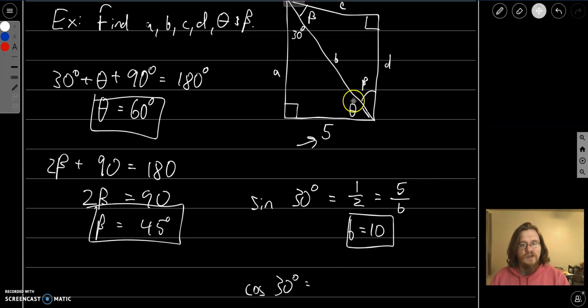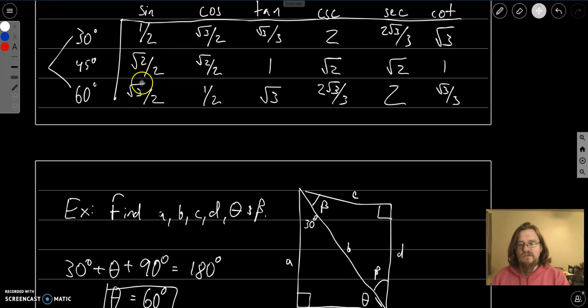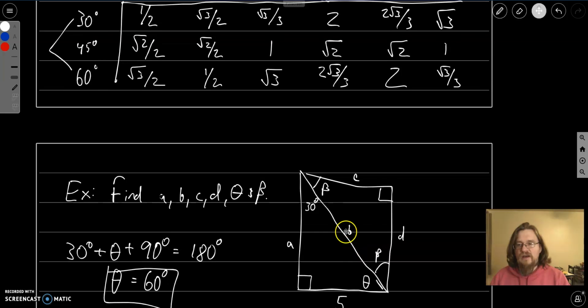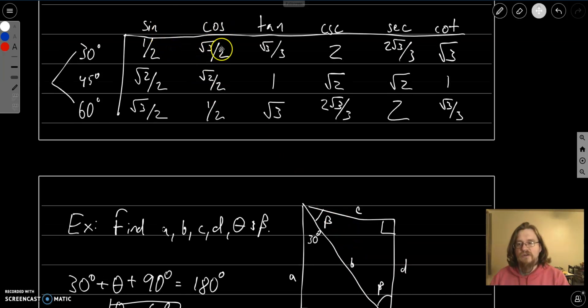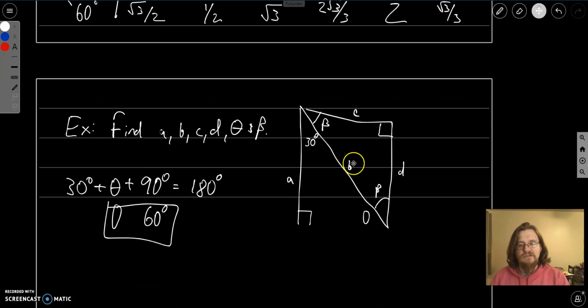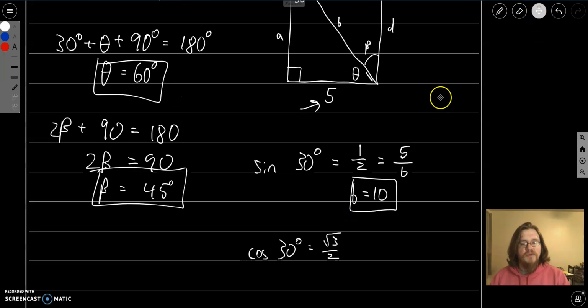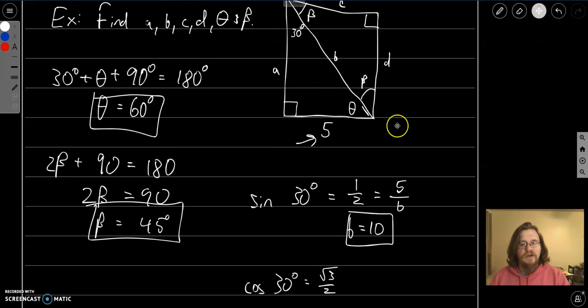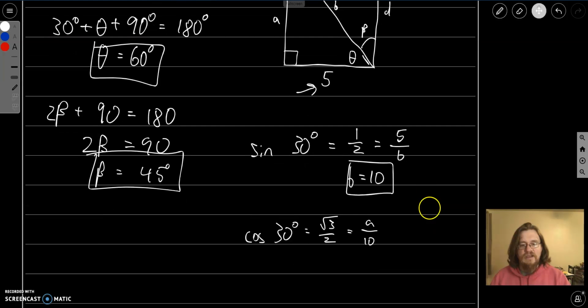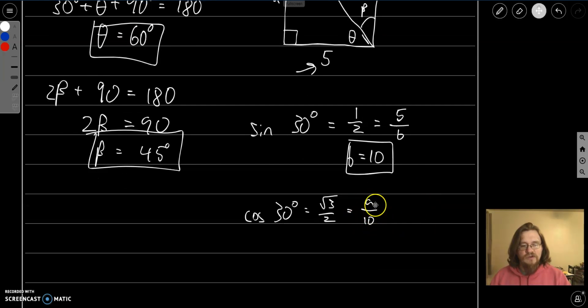The cosine of a 30-degree angle, we saw before, is going to be √3/2. But we know that it's going to be the adjacent, which was A, divided by the hypotenuse, which is B, and that's 10. So what I can do is multiply both sides by 10 to see that A is simply going to be 5 root 3.